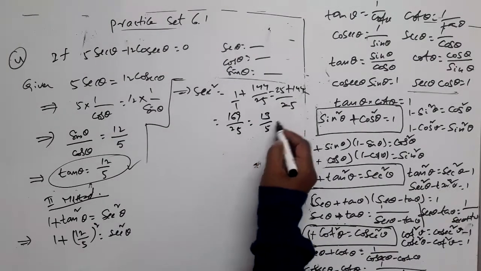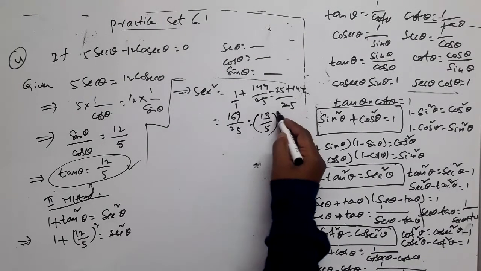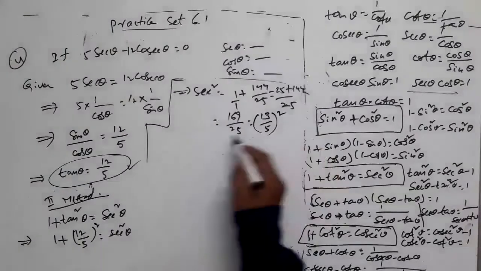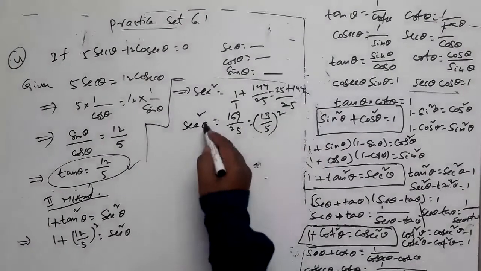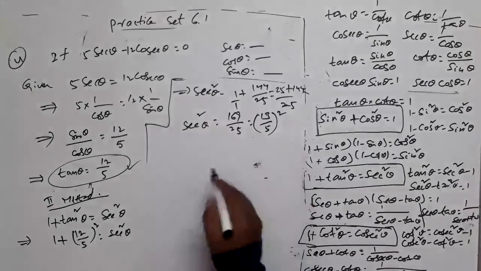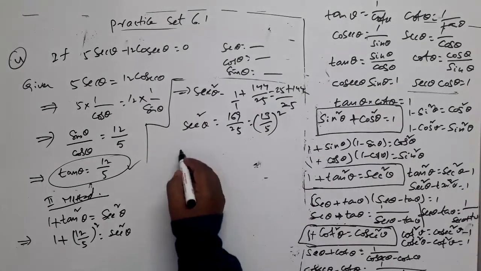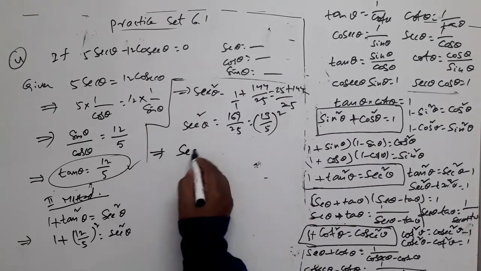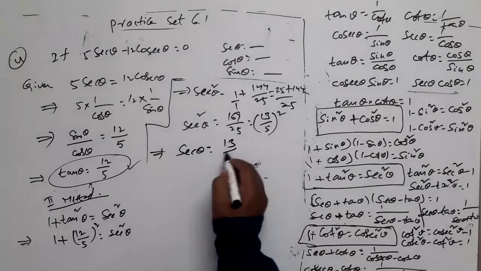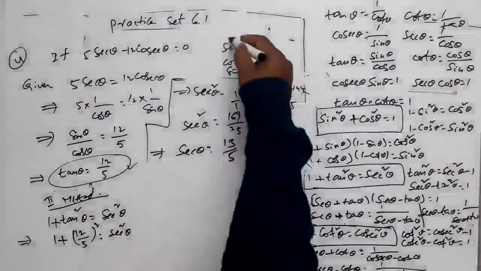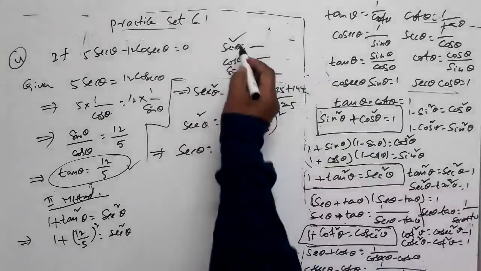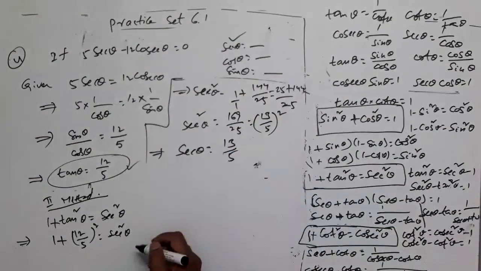But we know that 169 is 13 square and 25 is 5 square. So I got secant square theta as 13 by 5 whole square. From this, secant theta can be written as 13 by 5. So I have got the value of secant theta.